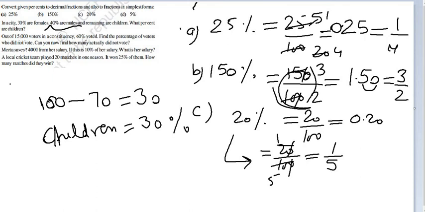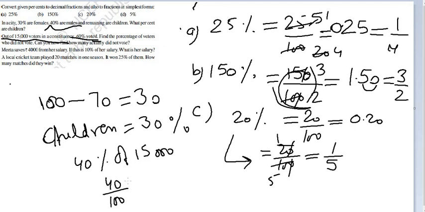Now we move to this one. Out of 15,000 voters, 60% have voted. Find out who did not vote. 60% had voted. That means out of 100, 40% did not vote. So to find exactly, 40% of 15,000, or 40 upon 100 into 15,000.